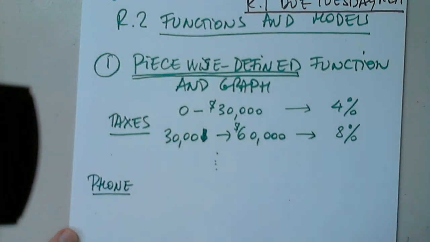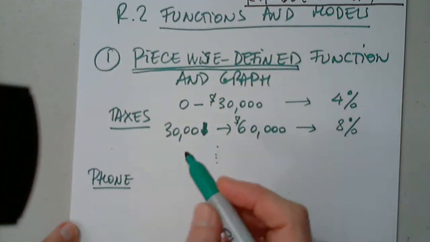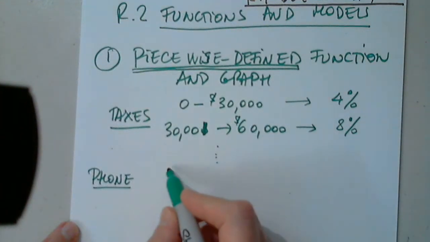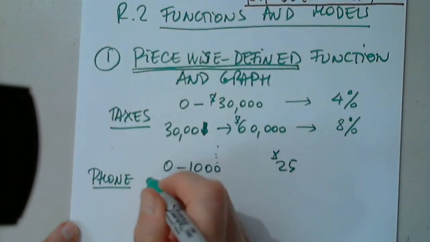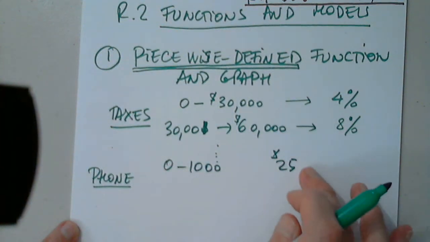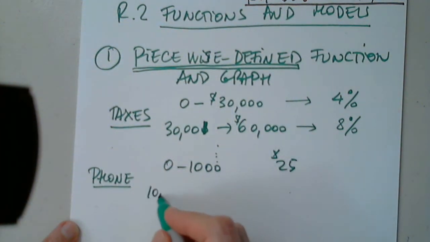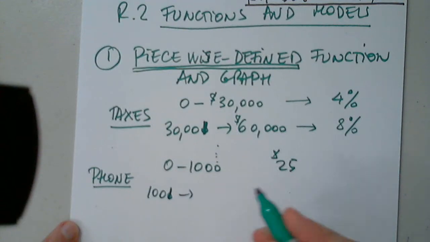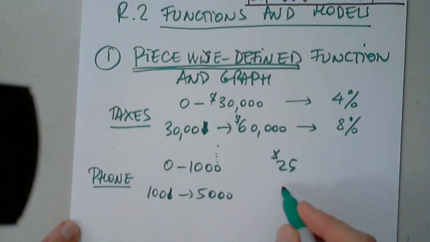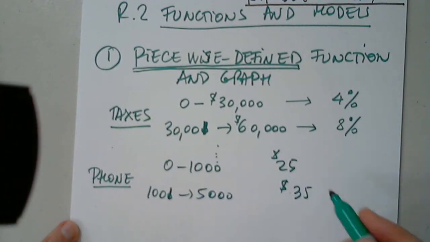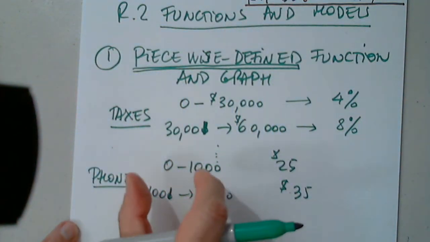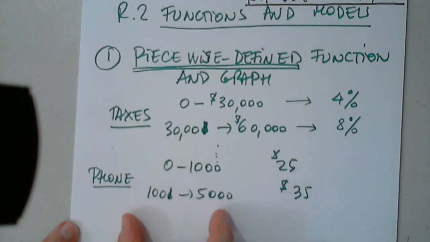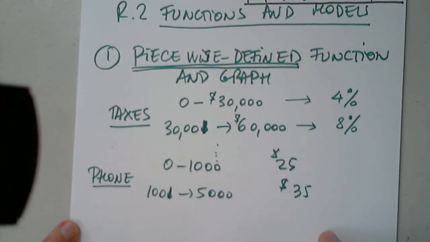In the past, you're too young probably to remember that, but the phone bill sometimes would be between 0 and 1,000 minutes, you pay 25 per month. Between 1,000 and, I don't know, 5,000, let's say we pay 35 a month, and so on and so forth. So that's another example of a piecewise defined function. For this domain, this is the function. For this piece of the domain, this is the function. For the next piece, a different amount.